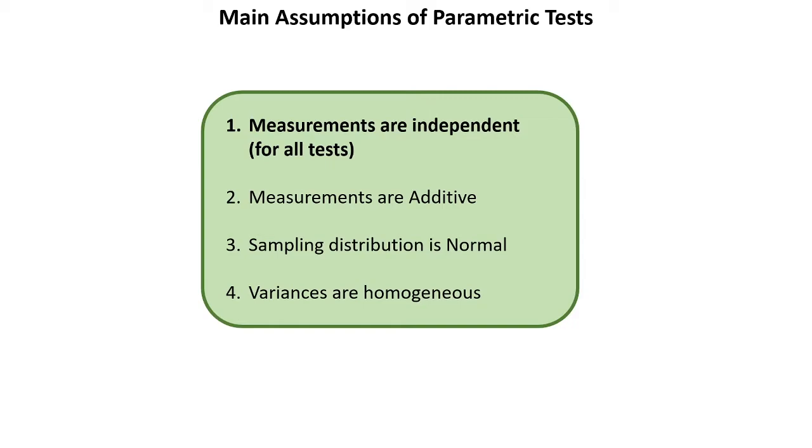So if I wanted to get a measurement of squirrel heights, and I just measured the same squirrel 10 times on 10 different days, and I said all of the heights are approximately the same, I would be violating the independence of each of the tests by taking the same squirrel over and over again, because my measurement of height on one day depended on my measurement of height on the previous day. So you need to make sure that each of your measurements is independent from the past measurements.